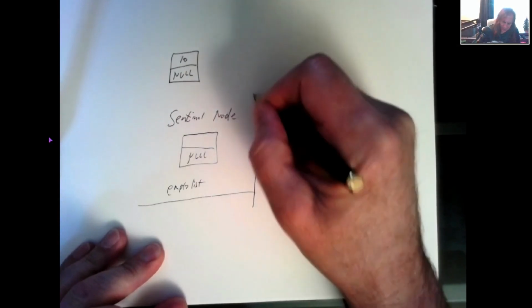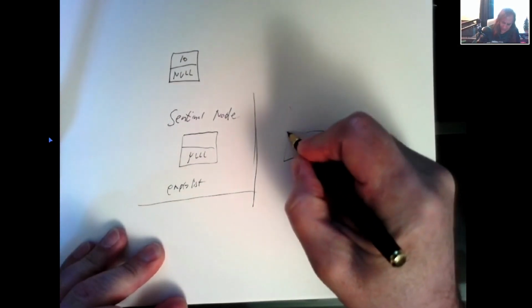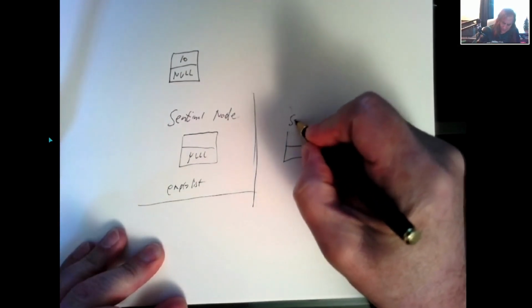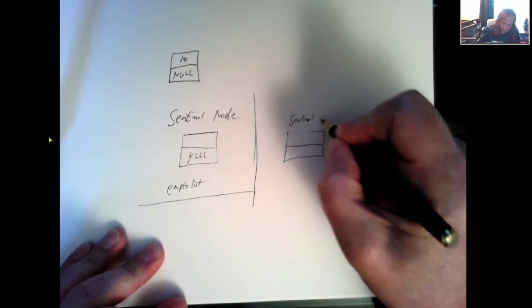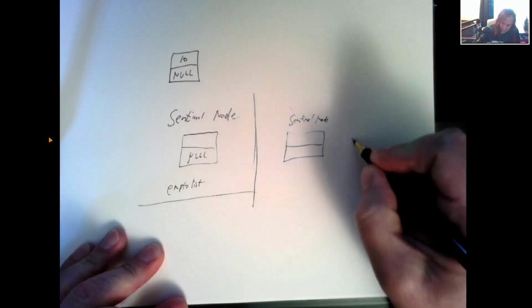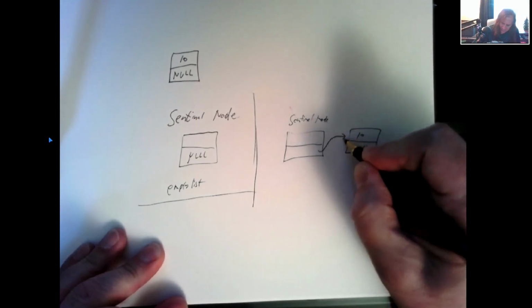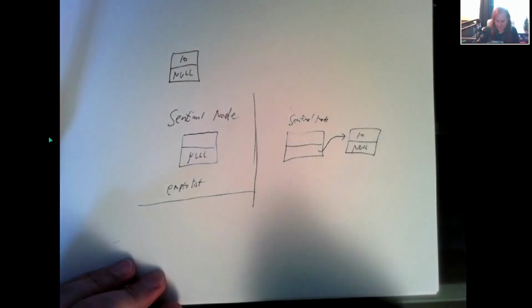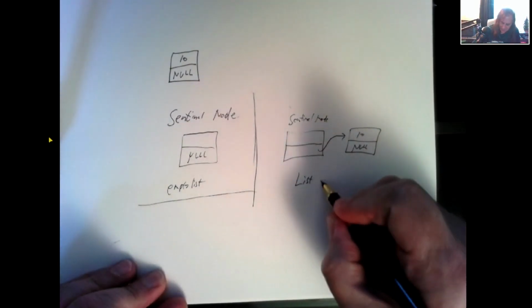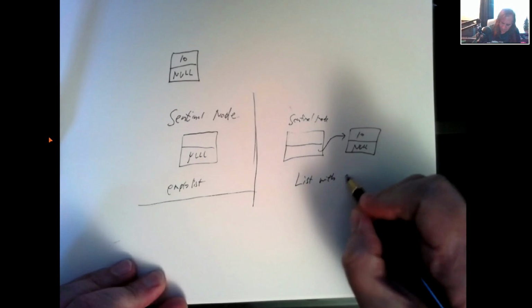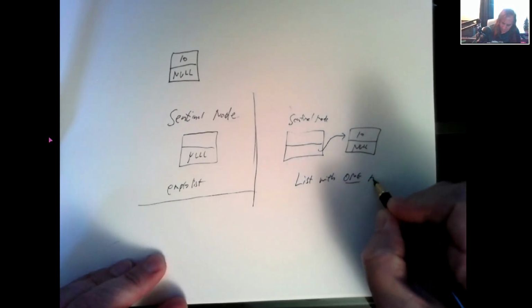When we add the number 10 to our empty list, there's going to be our sentinel node, and here's going to be our new node, a 10 with a null, and our sentinel is going to point to that. So this is a list with one node.